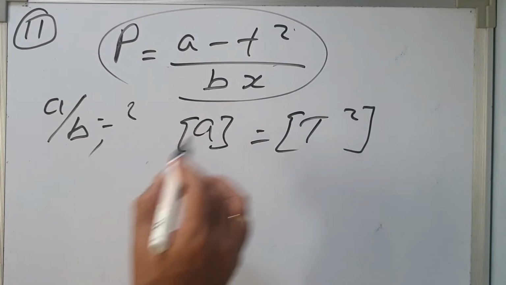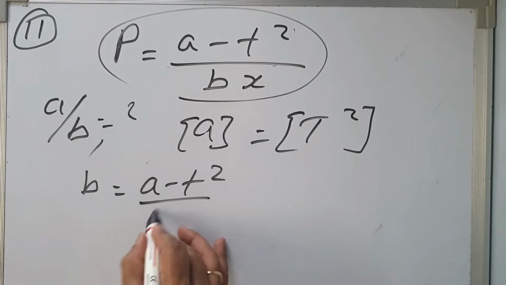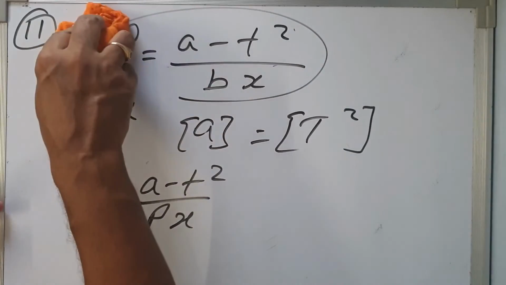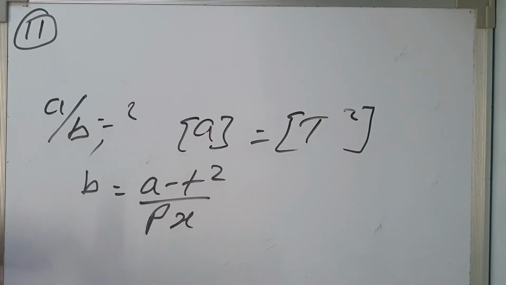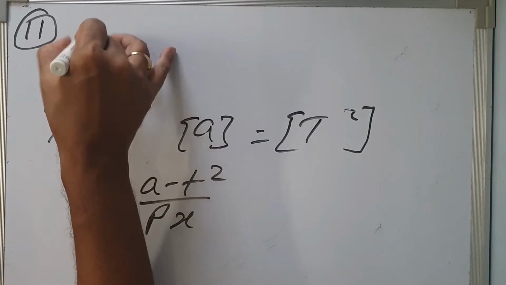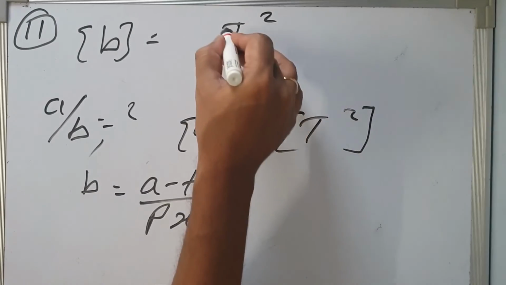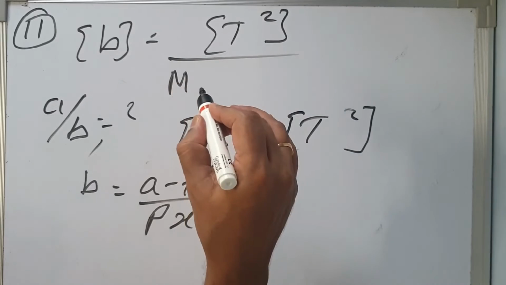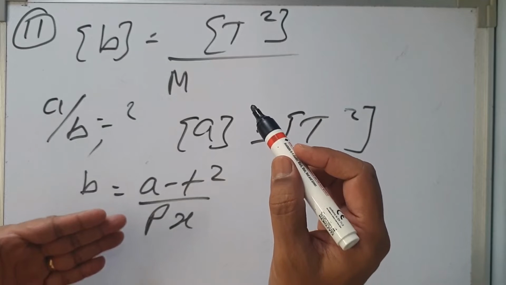B, from this relation, what is that? B is equal to A minus T squared upon pressure into X. Therefore, what will be the dimensional formula of B? The dimensional formula of B will be that of A, what was that? T squared, upon pressure. You may make use of the table which I had given you to find the dimensional formula of quantities like pressure, energy and all those things.